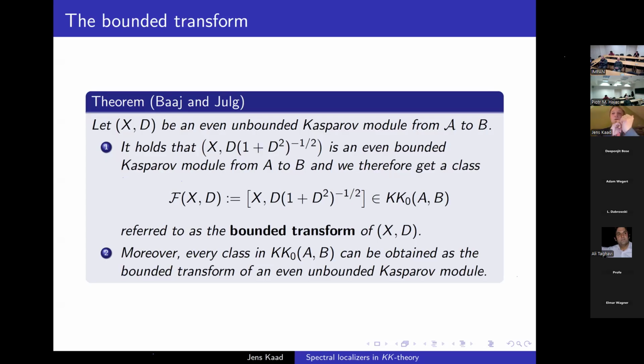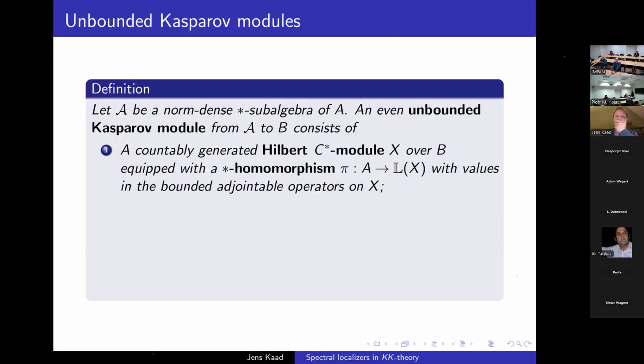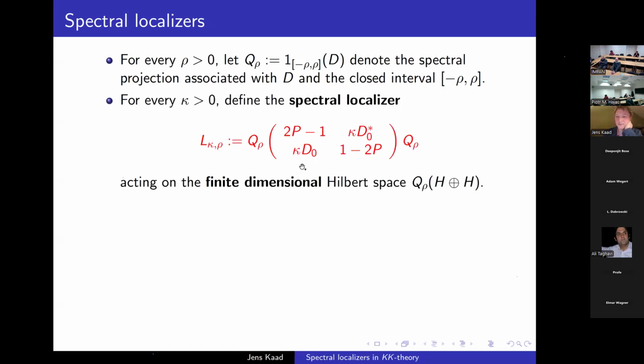I have one extra problem. If you remember in the very beginning, I was looking at the spectral projections associated to my abstract Dirac operator, and I was using these spectral projections to cut down this 2 times 2 matrix.